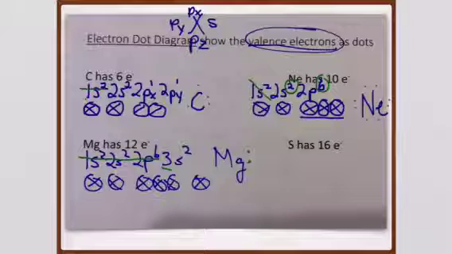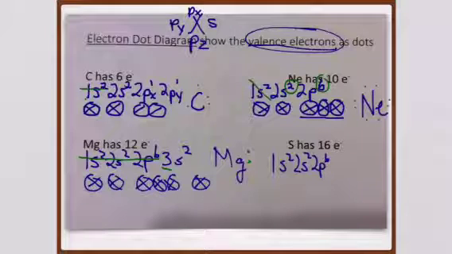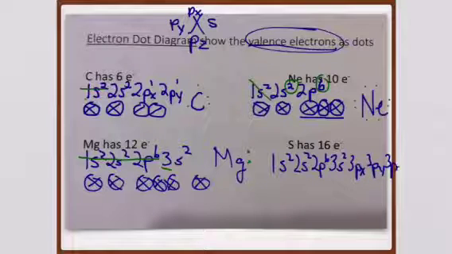All right, last but not least, go ahead and do sulfur. Come back. All right, and it's 1s2, 2s2, 2p6, 3s2, and now how many do we have left? We've got 4 left, right? And so now we're going to go 3px, 3py, they're running out of room.